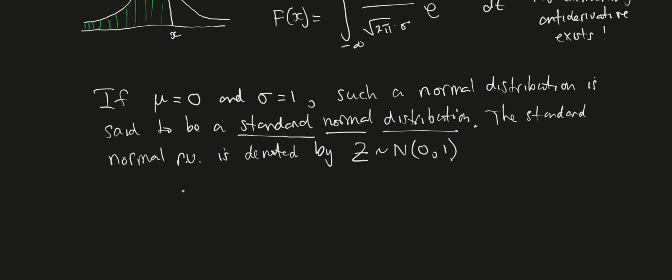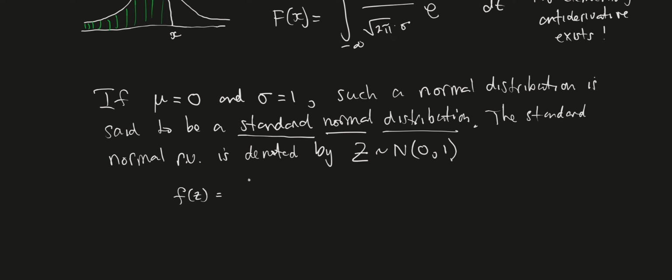So this is a little z as opposed to my big Z. The PDF for this is a lot easier. Basically, wherever there is a mu in my formula, just put a 0, and wherever there is a sigma, just put a 1.